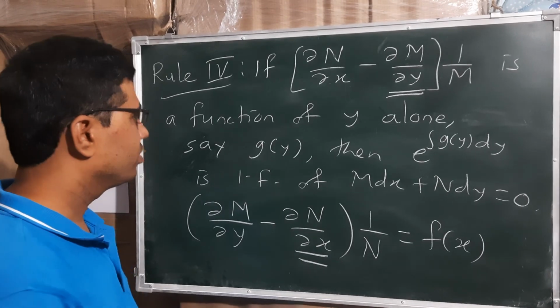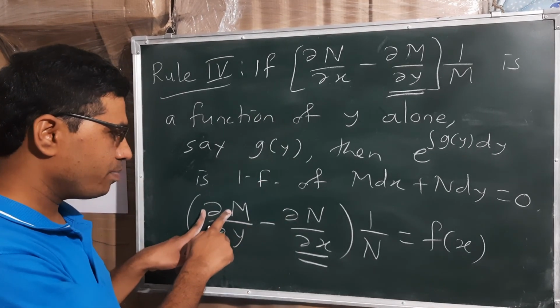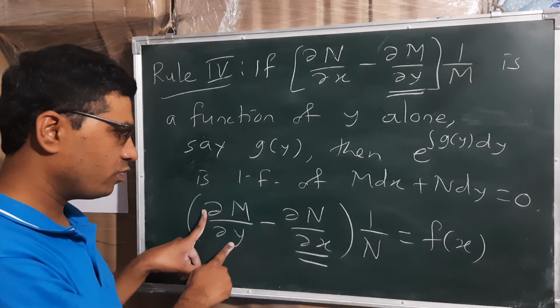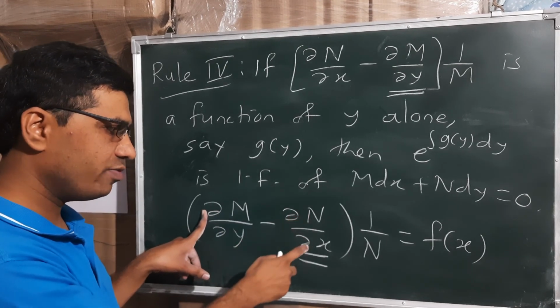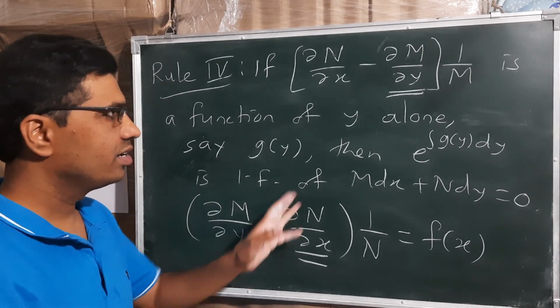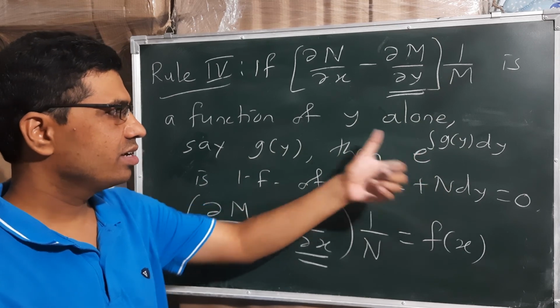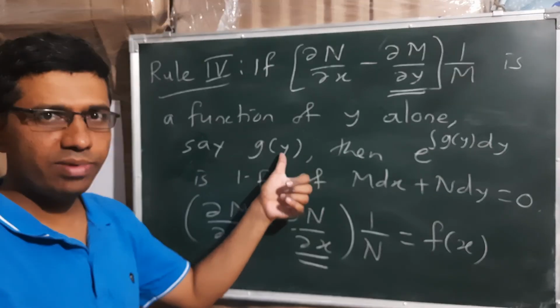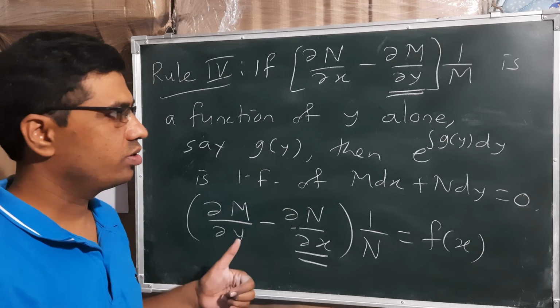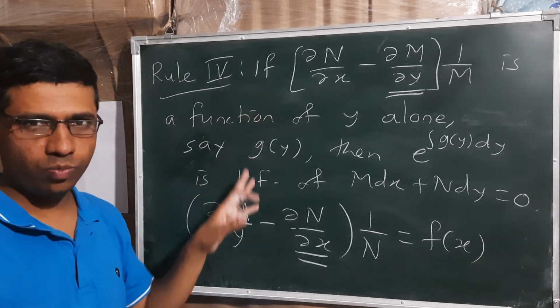In the third and fourth rules, you need to check the partial derivative of m with respect to y minus the partial derivative of n with respect to x. You may interchange the sign, divide by m or n, and check whether you get a function of one variable alone. Proof of this fourth rule is homework.